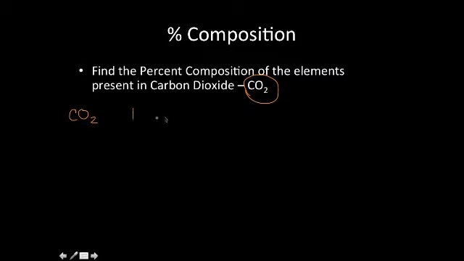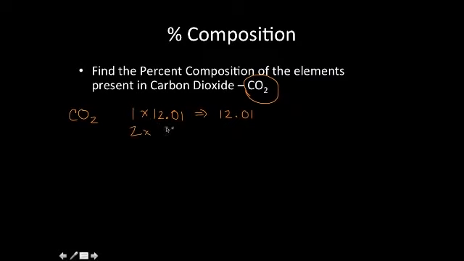So we know we've got one atom of carbon. We multiply that by the atomic mass found on the periodic table, and that is equivalent to 12.01. We can go ahead and take into account that there are 2 atoms of oxygen per molecule of CO2.